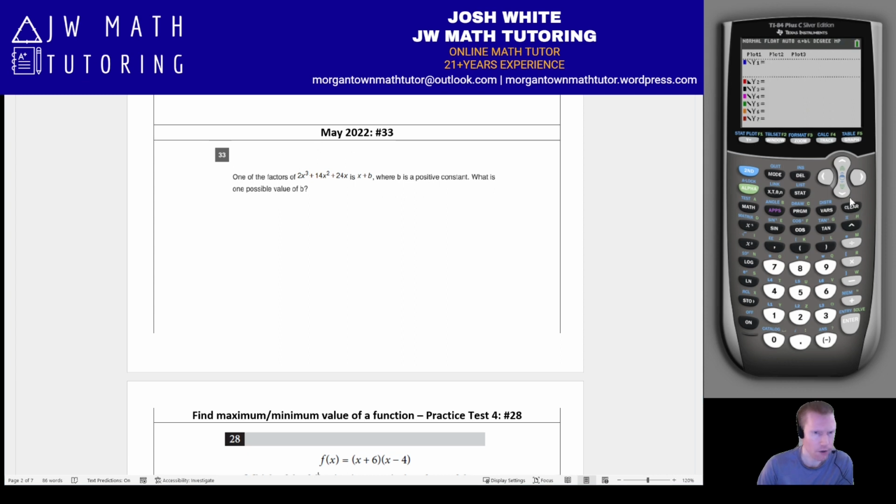So I'll go back to y equals and type in 2x to the third plus 14x squared plus 24x. Let's make sure that matches. Okay, yes. So now we'll go ahead and graph that function out.